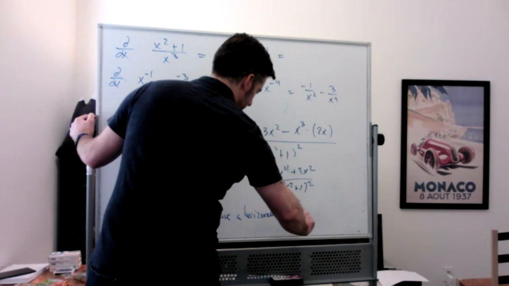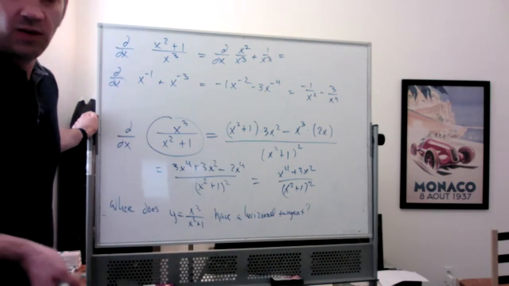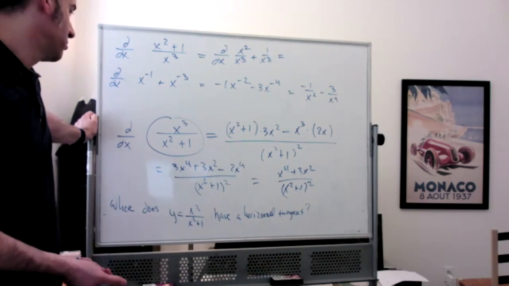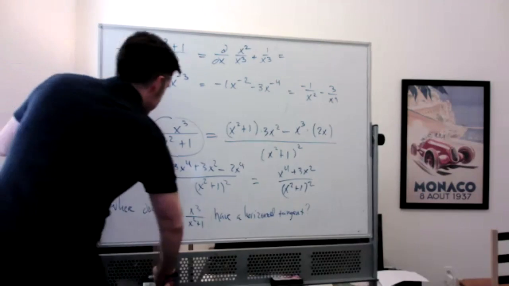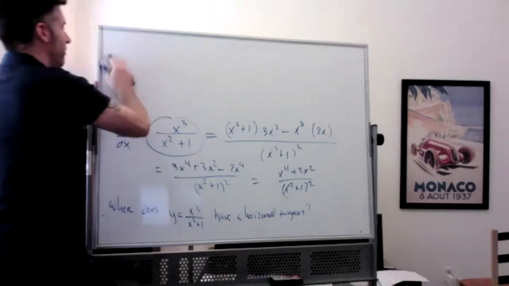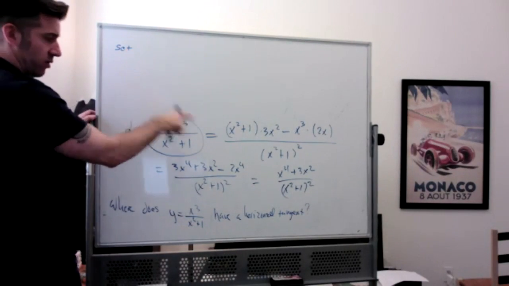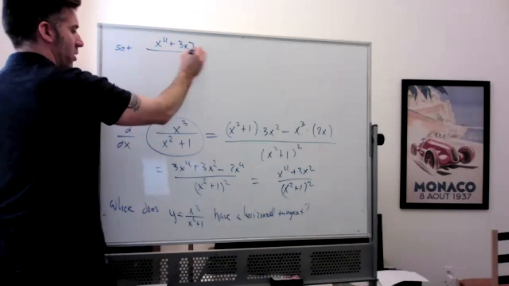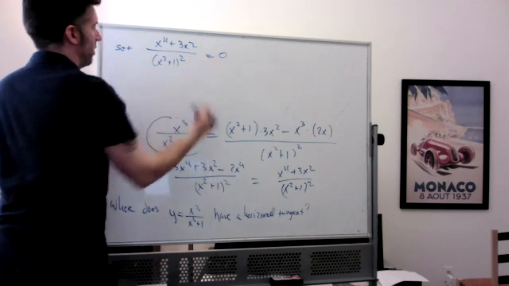If we're asking where this thing has a horizontal tangent, we're really asking where the derivative is equal to what? 0. Yeah, exactly. So we want to take our derivative and set it equal to 0 and solve for x. So I'm going to set my derivative, which is x to the fourth plus 3x squared over x squared plus 1 squared, equal to 0.